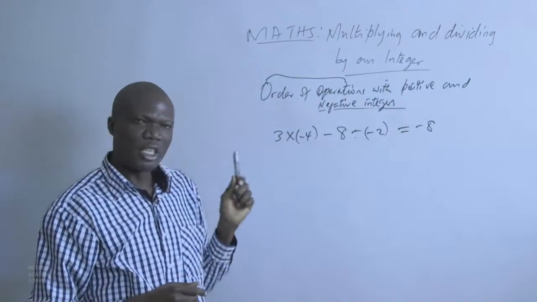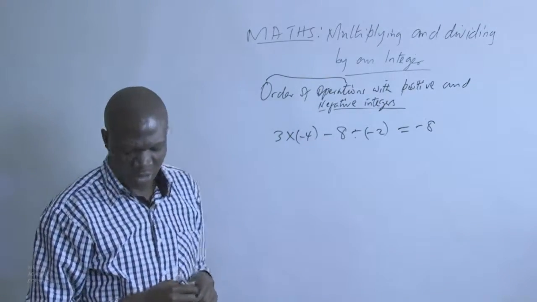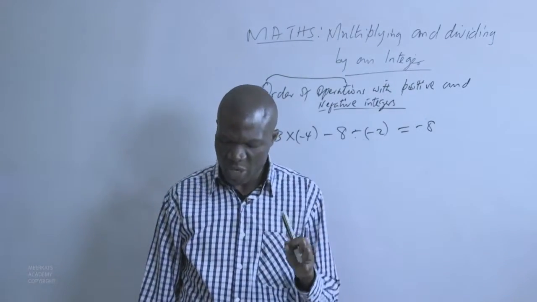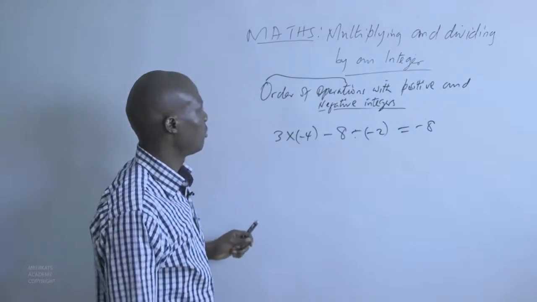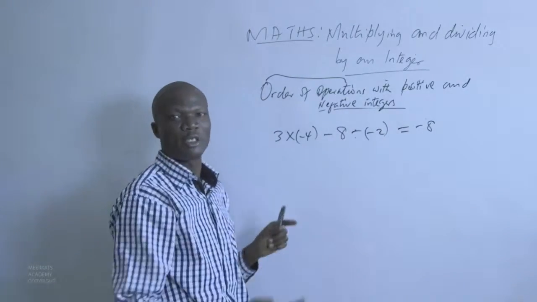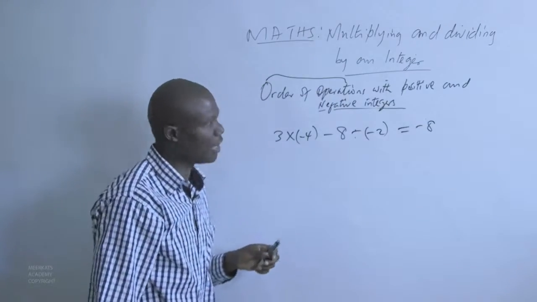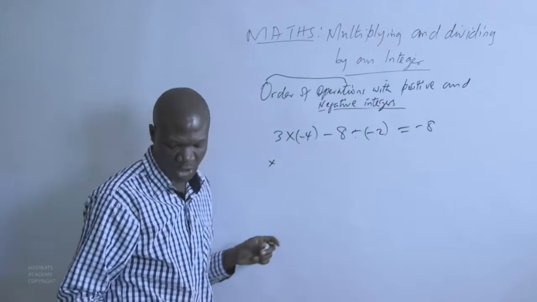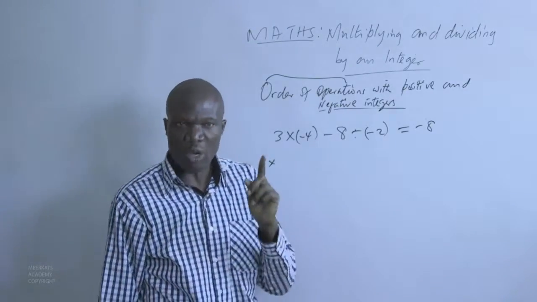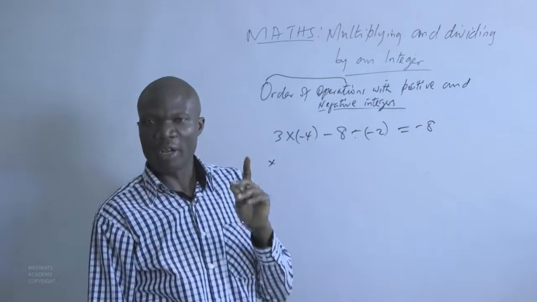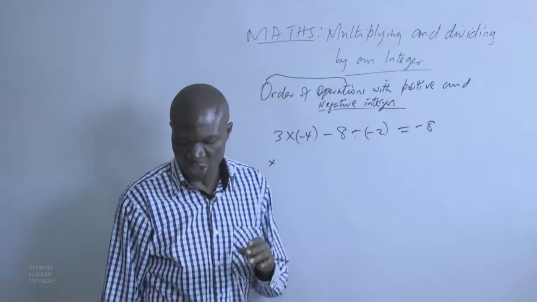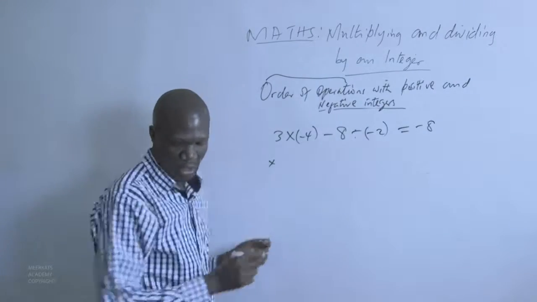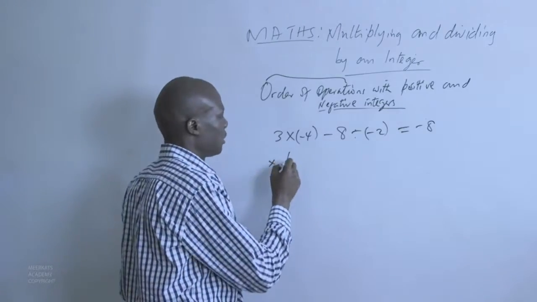And how do we solve such problems if we don't know the order of operation? So we are going to tackle this problem having looked at the order itself. These are the facts we must consider when working with more than one operation with positive or negative numbers. One, deal with brackets first.